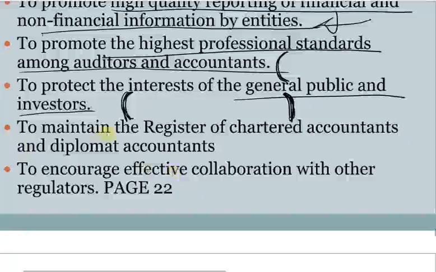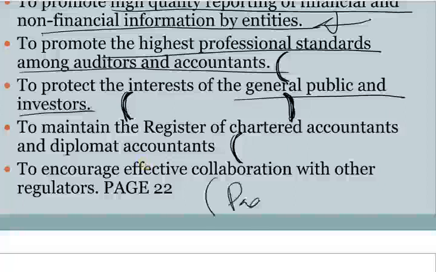They also maintain the register of chartered accountants and diplomat accountants. So if you are a chartered accountant or a diplomat accountant, your name will be stored by the Malawi Accountants Board. And lastly, to encourage effective collaboration with other regulators. You can find other roles of MAB on page 22.